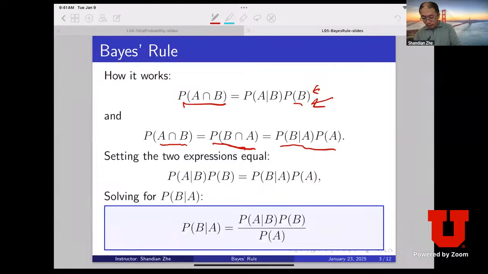Now we see that the left-hand sides of the two equations are actually the same. Then the right-hand sides should be the same as well.